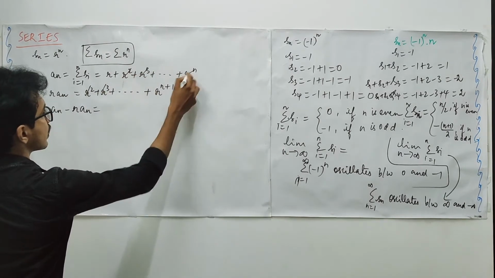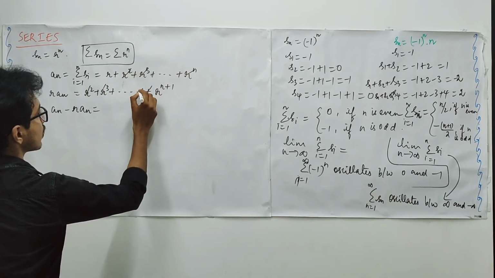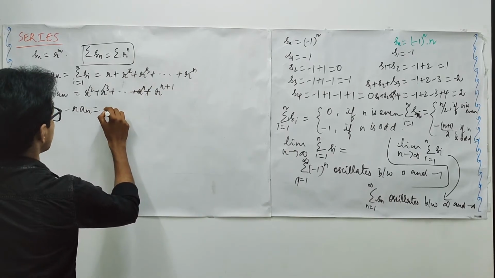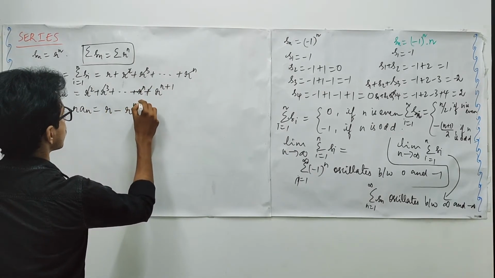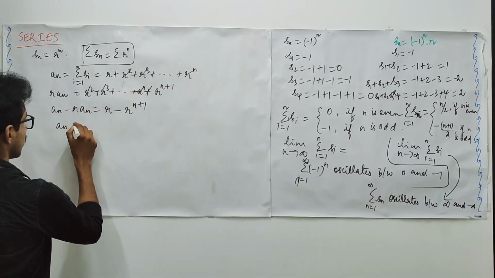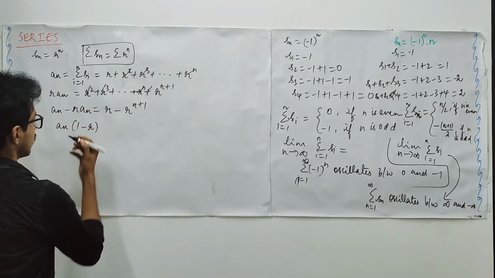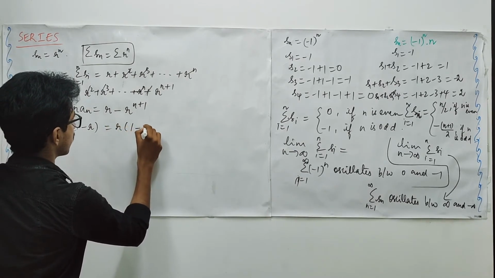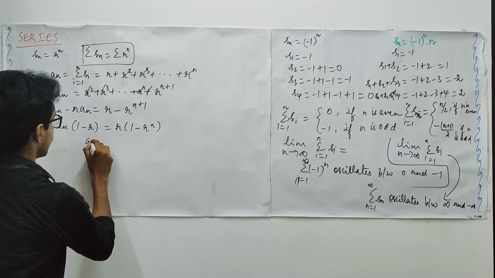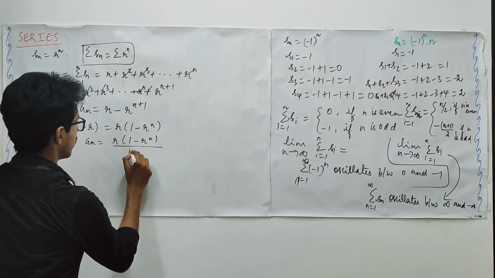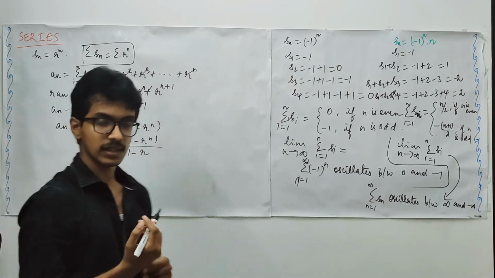These terms will get cancelled, so here you will have r minus r power n plus 1. When I take an in common, it is an times 1 minus r, which is r times 1 minus r power n, and an is going to be r times 1 minus r power n upon 1 minus r.